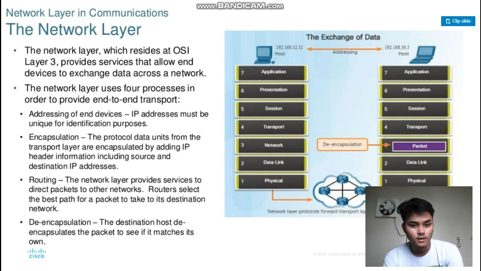Addressing: the IP address must be unique for identification purposes. For encapsulation, the protocol data units from the transport layer are encapsulated. Routing: the network layer provides services to direct packets to other networks. Decapsulation: the destination host decapsulates the packets.